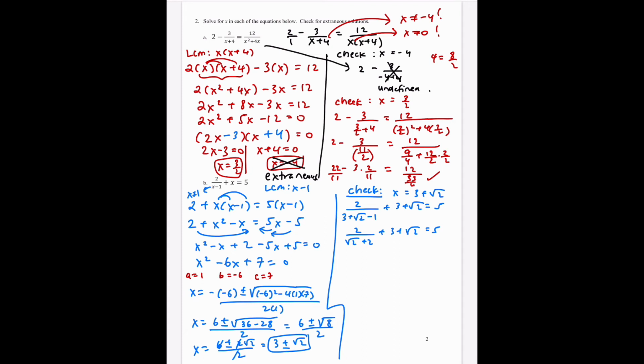So we kind of want to multiply both sides by 2 minus root 2, which is kind of annoying. I'm trying to think of a fast way of doing this.